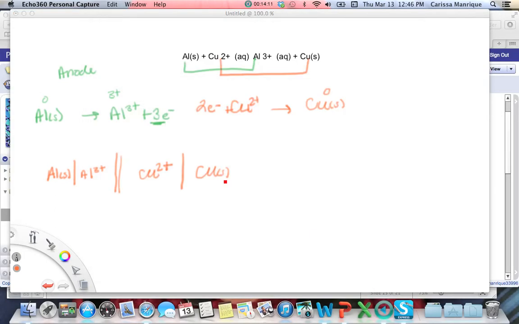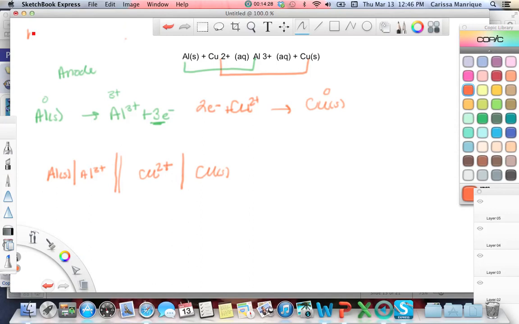Okay, so now all we need is to look this up. Now I do want to point out, you don't need to worry about balancing the charge in this. If it asks you for the full balanced equation, that's when you're going to balance the charges and everything. You don't need to do that here. Right here, we're just looking at the actual half reaction. So you separate them out. You don't have to worry about balancing the charges or anything.